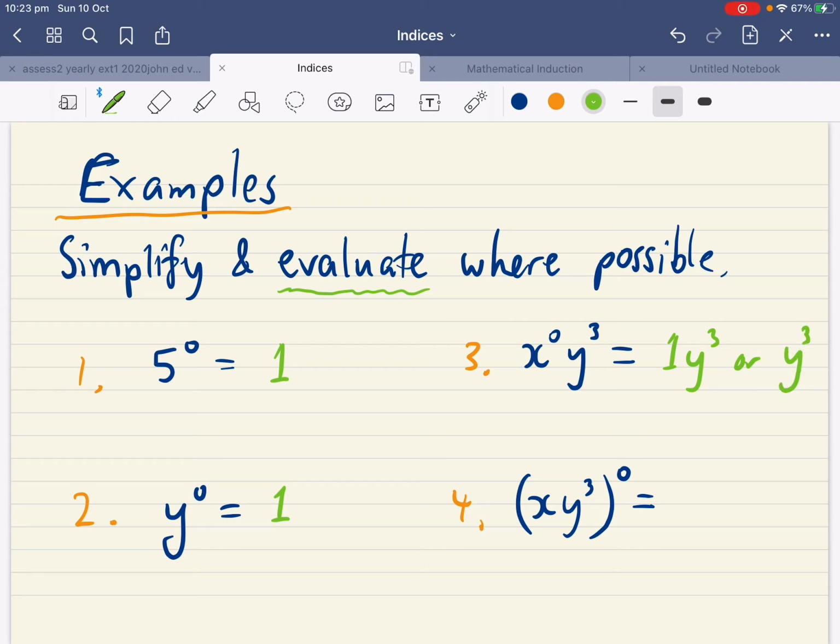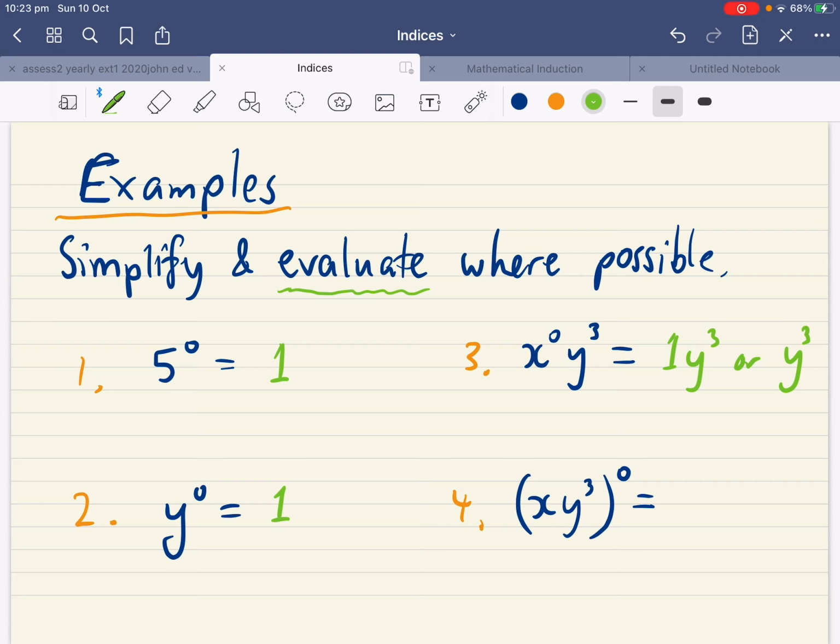You could just as well write it as y cubed, and you'd get full marks in your exam. In actual fact, most teachers would prefer you to just write y cubed. But you could put the 1 in front. That's still correct. And by the way, I've actually got 7 examples, so don't get too excited. There are some more examples. I've tried to make them as hard as I possibly could.